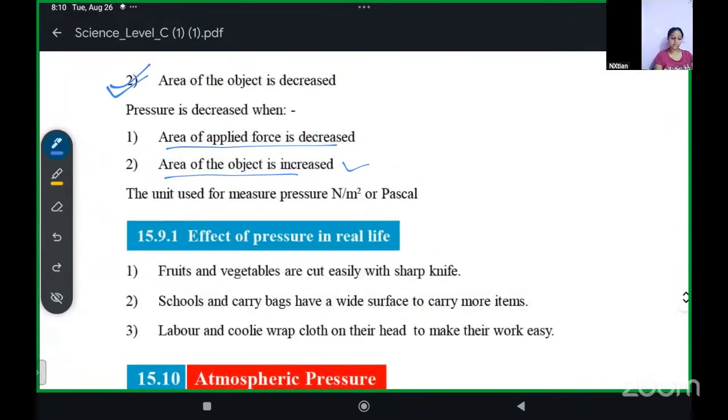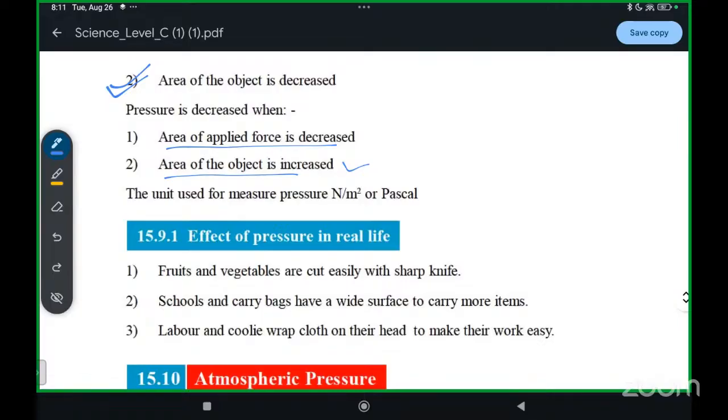Ma'am, will any of this come in the test? Like, if you give the force and the area, or the pressure and the force, and ask us to calculate the surface area of the object?